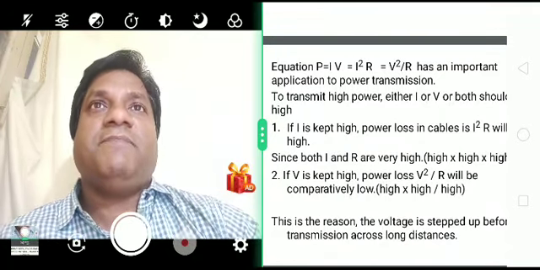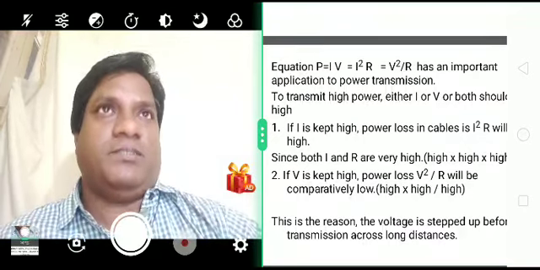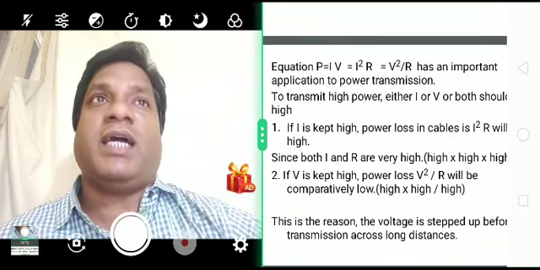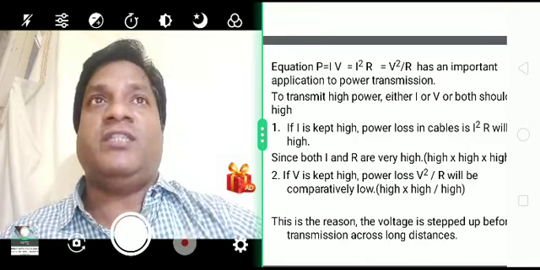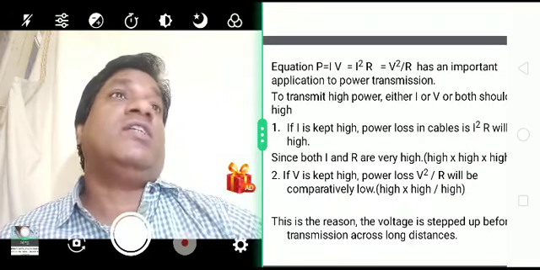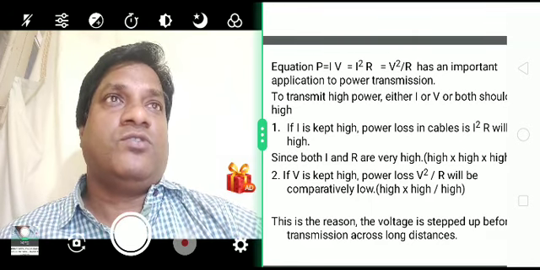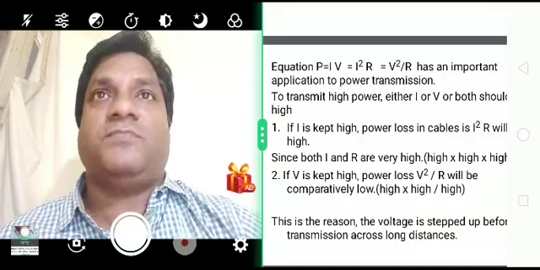Now see point number 1: if we keep the current high, then the power consumed, which is I square R, is current squared into resistance. Now current is high, resistance is high, so the power consumed will be very high.